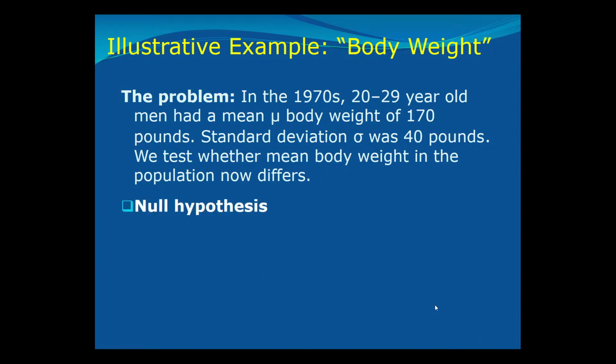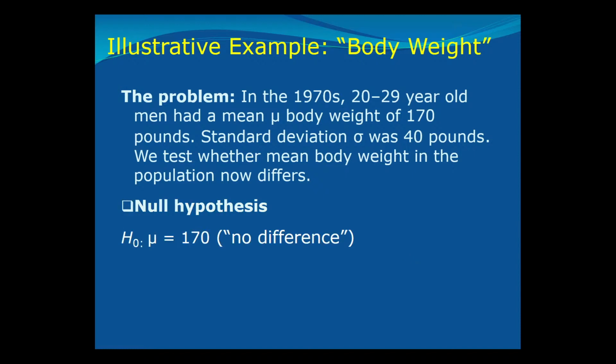So we need to understand whether there are differences in body weight between the same population with the same age, or there are no differences. So let's state the null hypothesis.